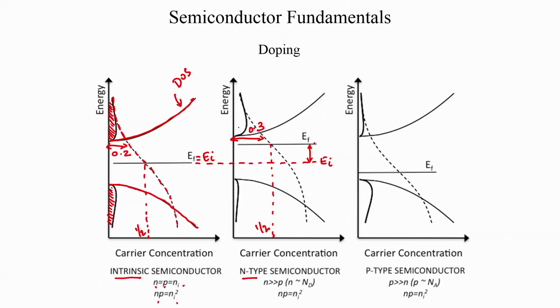The density of states has not changed. It is not going to change unless you dope it very strongly. We are not talking about those levels of doping. The density of states has not changed, but the probability of finding an electron in those states has increased in the case of n type doping. The probability of finding electrons in the states above EF have increased in the case of n type doping.